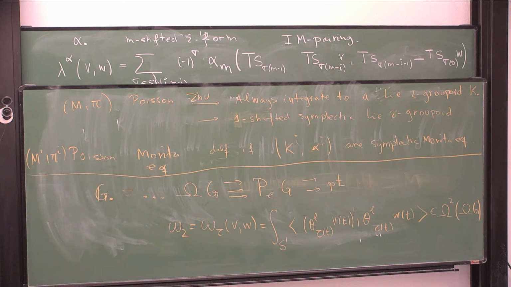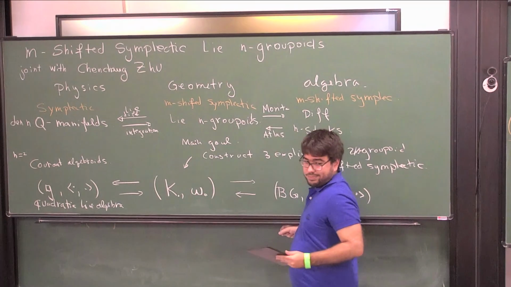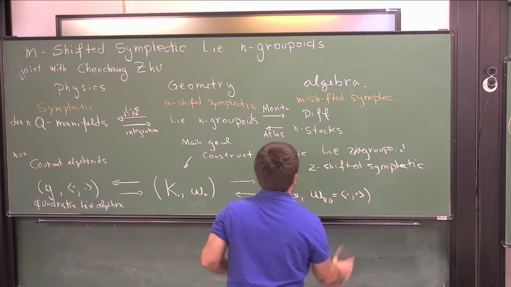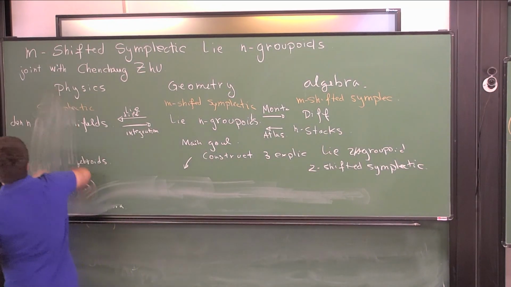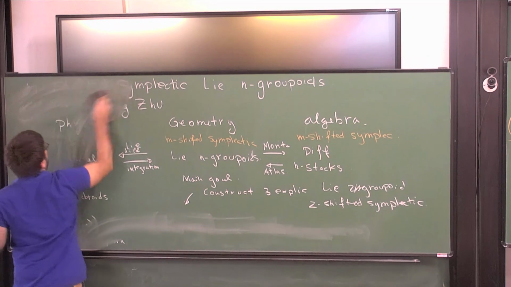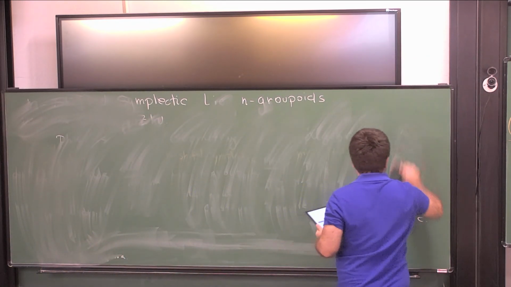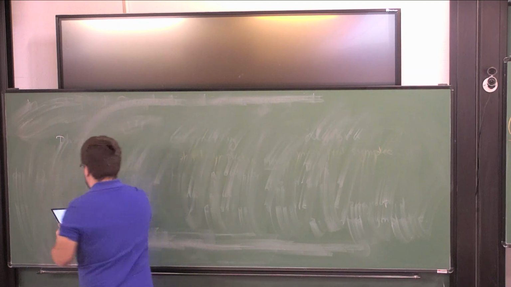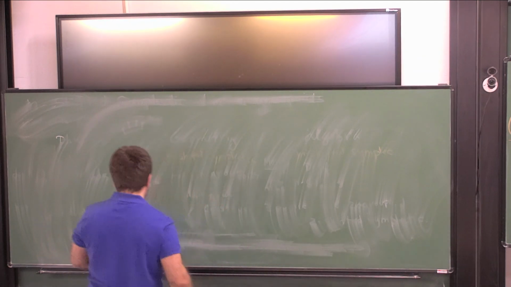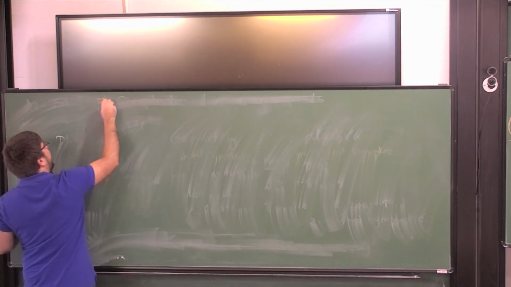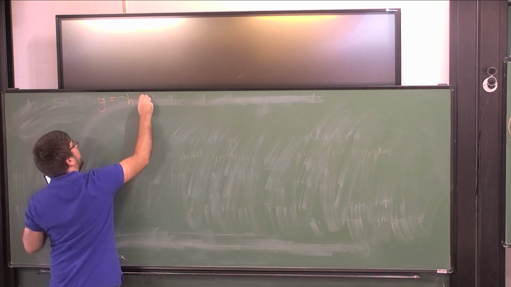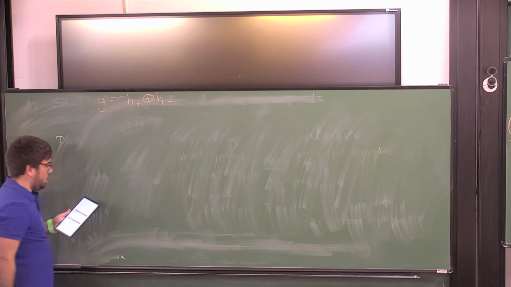Let me give the third example, and I will finish. The third example is using Manin triples. So if you have a Manin triple, then I have my H that is endowed with this Manin triple structure.